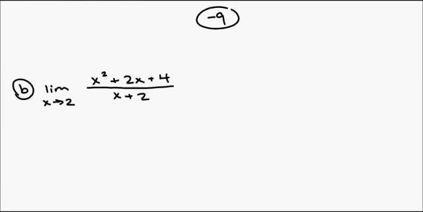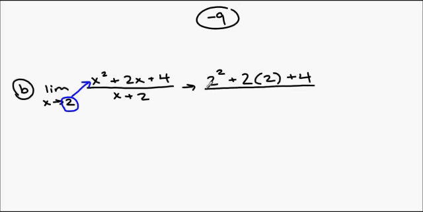Okay, part B. Same idea, taking this 2, which is in c's spot, and putting it in for every single x. So this limit as x tends to 2 is 2 squared plus 2 times 2 plus 4 over 2 plus 2.